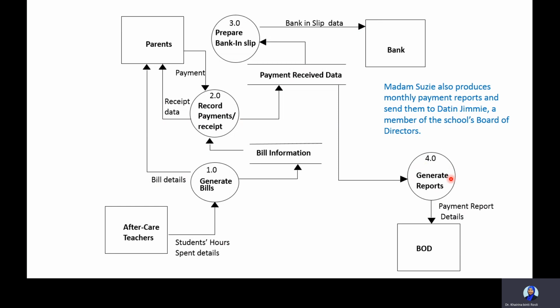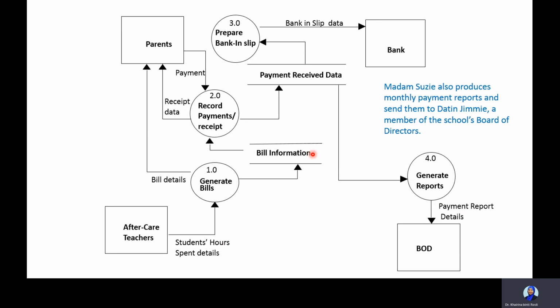And lastly, the data store. We draw the symbol for data store and name the data store. So we have created the logical DFD level 0.